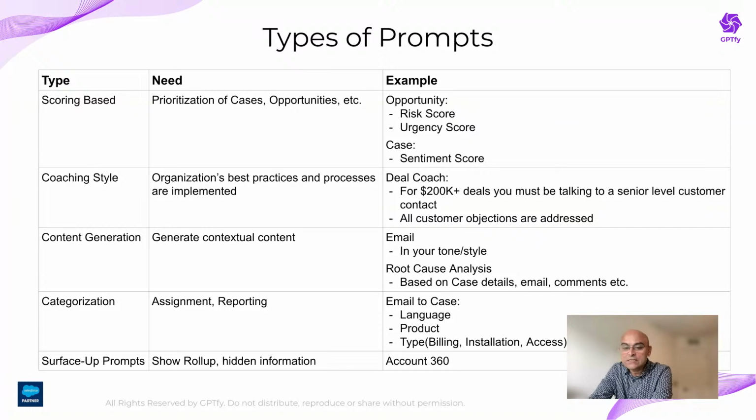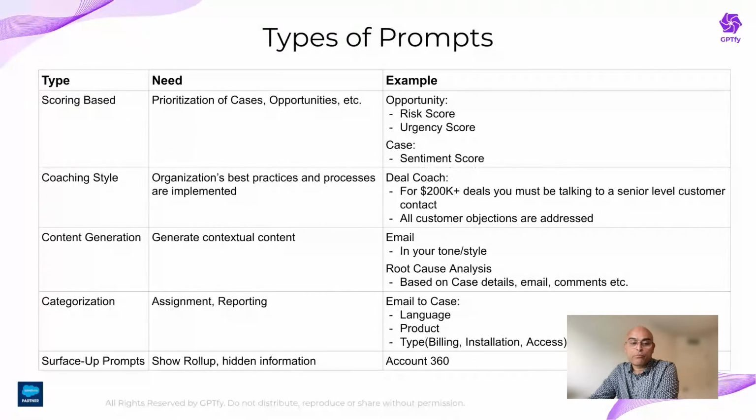Is it about access? What is it about? Those are really categorization prompts. You can run it, and with GPT-5 you can automate a lot of those things. If you get thousands of cases every day, it can just run it, or you can build your own. But the idea is that you're looking at a case or an opportunity or a lead, and you're identifying some category for that particular record.